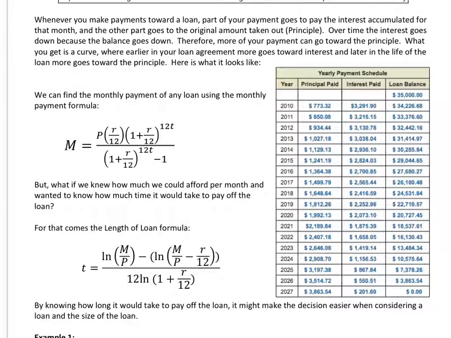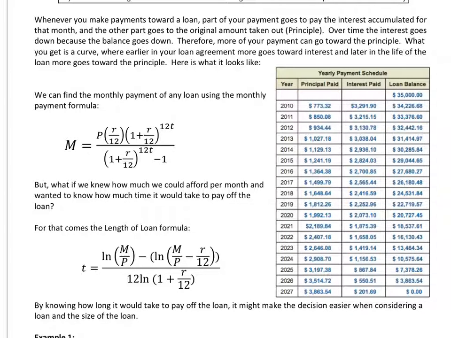So, for example, if I took a $30,000 loan out, when I make my first payment of $1,000, it does not mean that now I owe $29,000. Because interest has accumulated during that month as well, some of what I have paid went towards interest and some of it went towards the balance of the loan.